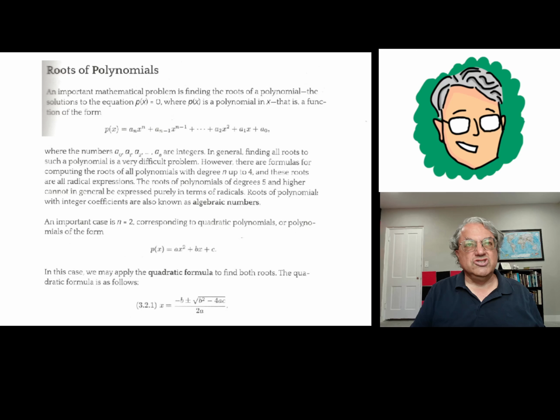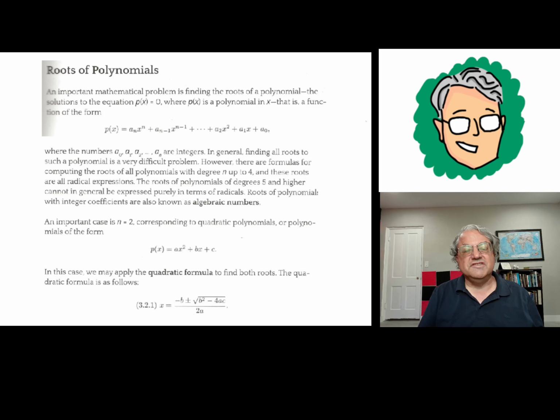If you have a general quadratic polynomial, ax squared plus bx plus c equals 0, and you want to find all the roots of that polynomial, then the quadratic formula tells you what the roots are. The roots are minus b plus or minus the square root of b squared minus 4ac, that's what's in the numerator, and then the denominator is 2a. Pretty nifty formula, and not too hard to remember either.